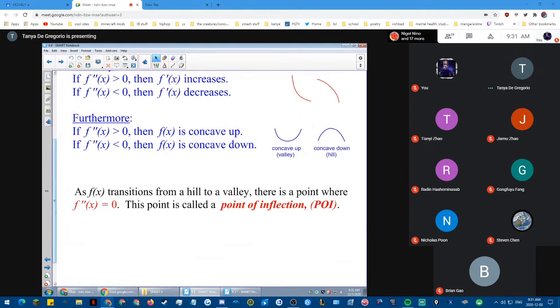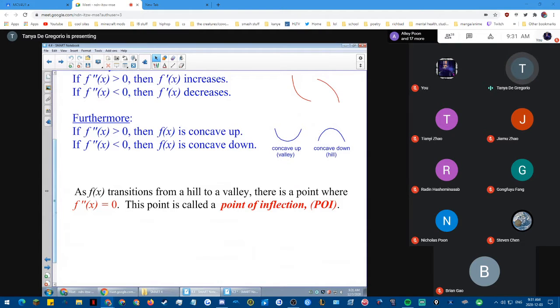Furthermore, if your second derivative is greater than 0, then f of x is concave up. Now be careful, we're not talking about 1 degree higher. We're talking about 2 degrees higher now. We're going back to the original. If your second derivative is positive, the derivative is increasing, the function is concave up. Okay?